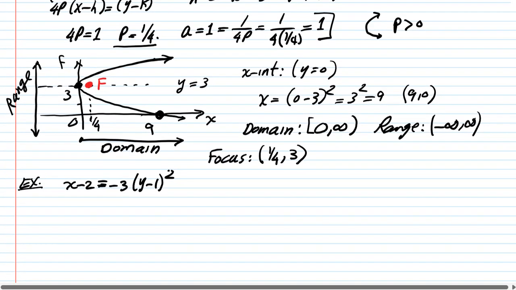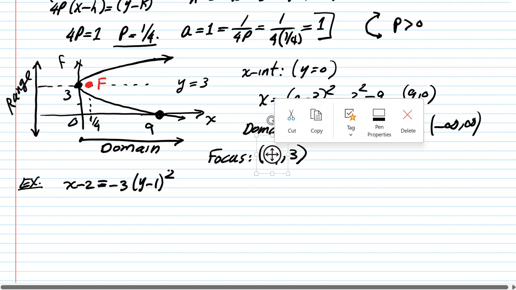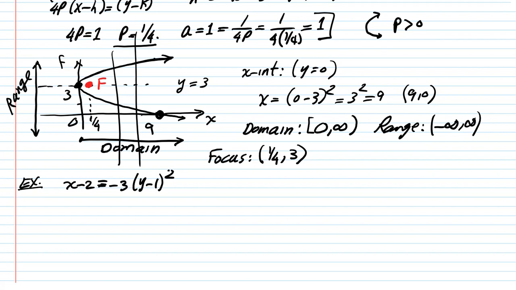Now, one thing, by the way, the horizontal parabolas are not functions. See, they fail the vertical line test many times over. So vertical parabolas are functions, whereas horizontal parabolas are not functions. They're simply a relation. That's what they are.